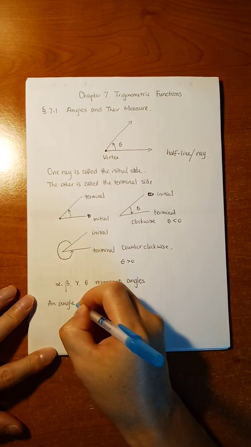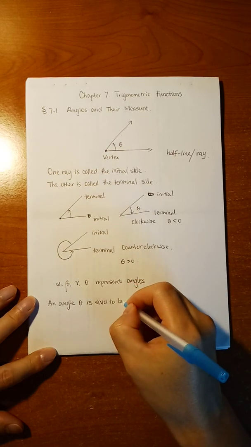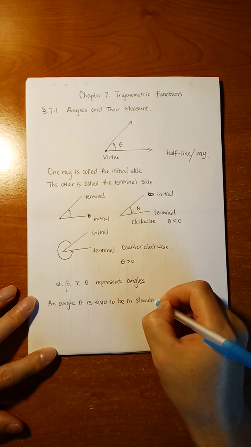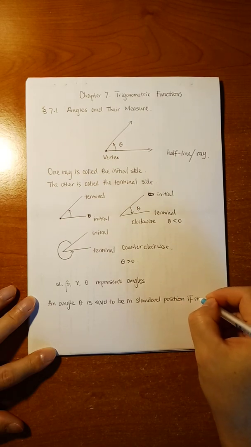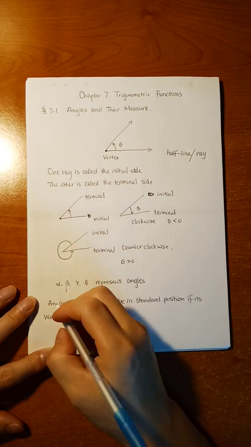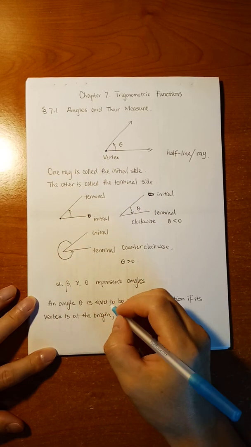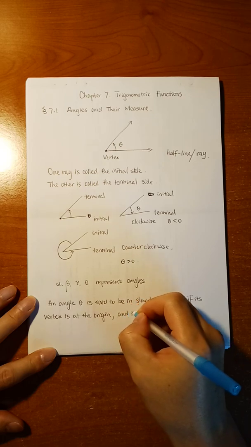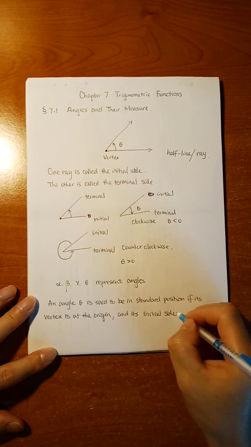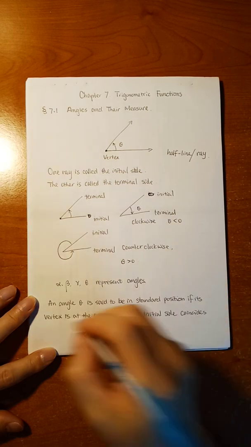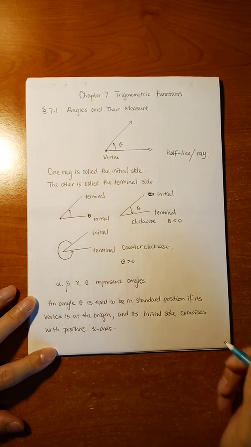An angle theta is said to be in standard position if its vertex is at the origin and its initial side coincides with the positive x-axis.